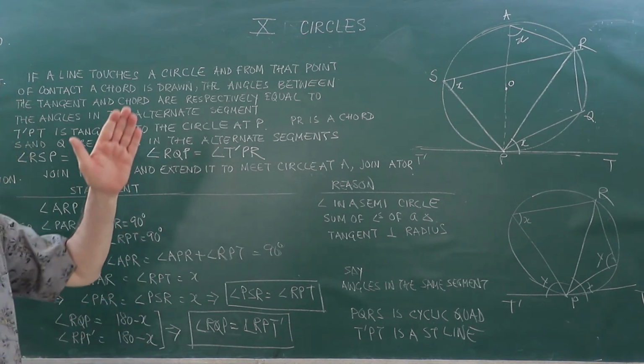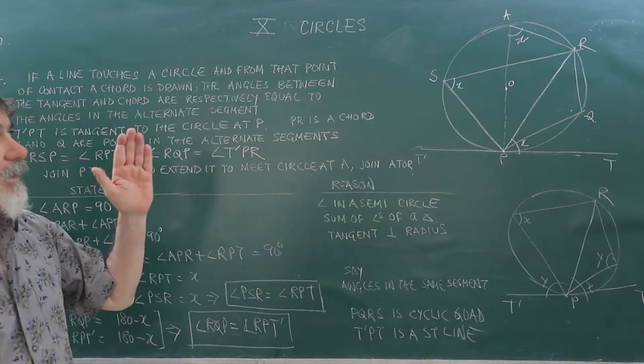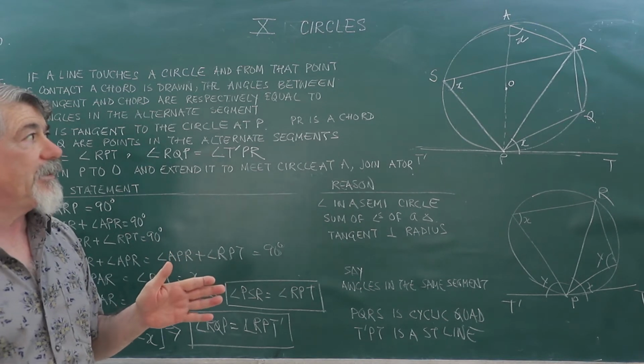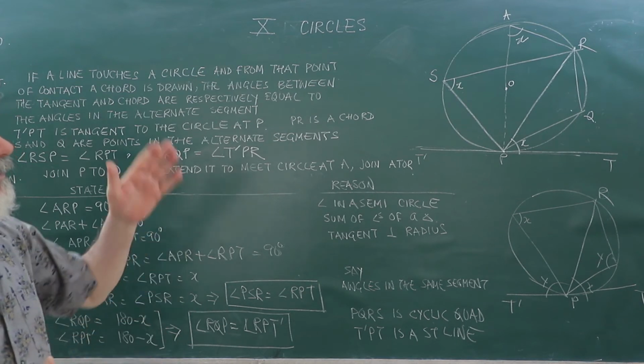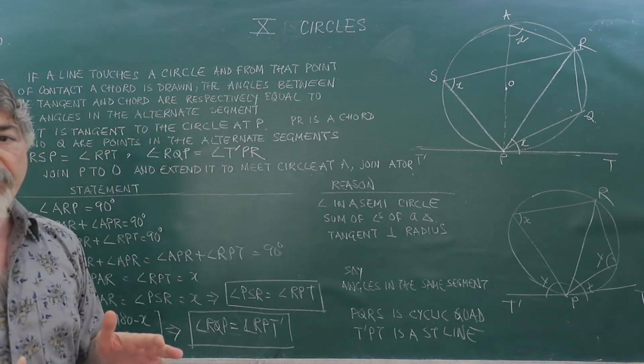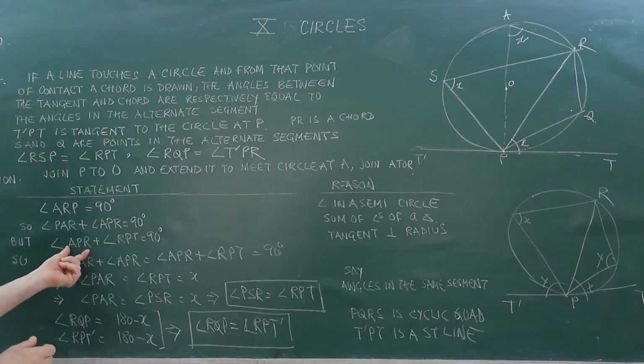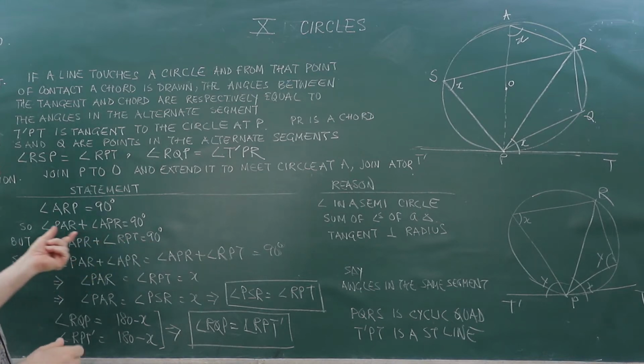So the complete angle APT is 90 degrees. I have taken APT as the sum of two angles, APR and RPT. APR plus RPT is 90.